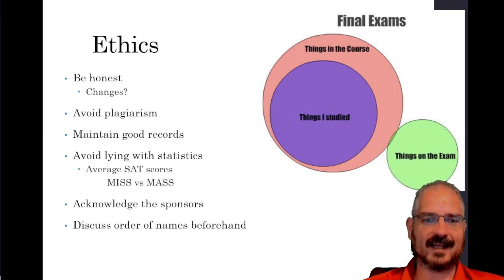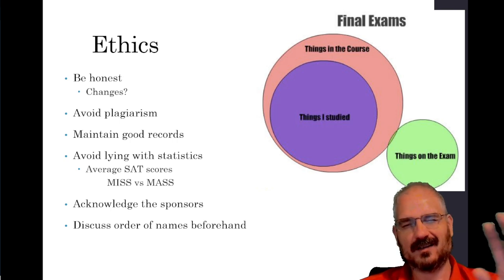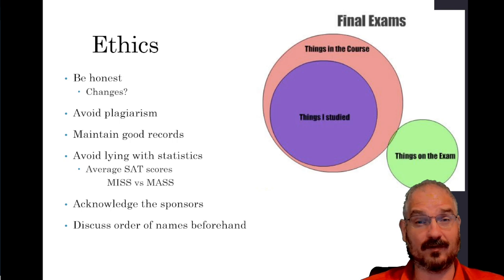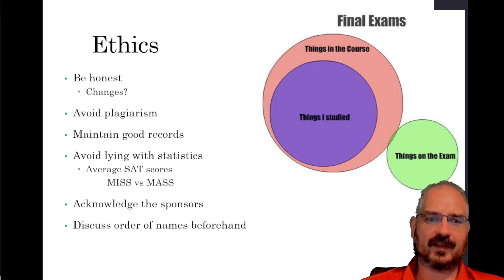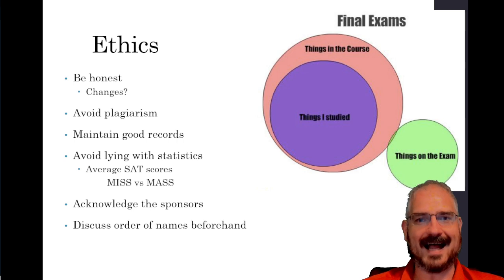If you look at the state of Mississippi and the state of Massachusetts, it is an absolutely true statement. This is a little bit out of date data, but this was at least true 10 or 15 years ago. Might still be true, I don't know. But if you look at the state of Mississippi and the state of Massachusetts, the average SAT score in the state of Mississippi is higher than the average SAT score in the state of Massachusetts.